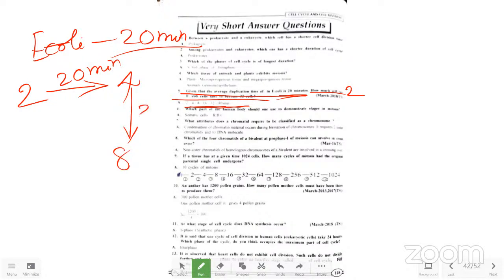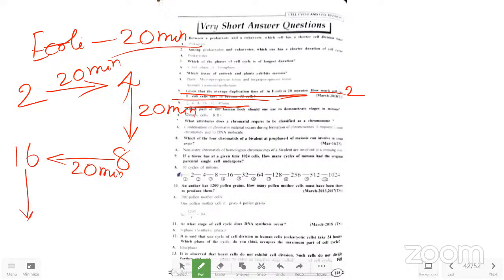How? Because two cells will undergo mitotic division to form 4 cells. That is in the first 20 minutes. Next 20 minutes, 4 will become 8. In the next 20 minutes, 8 will become 16.